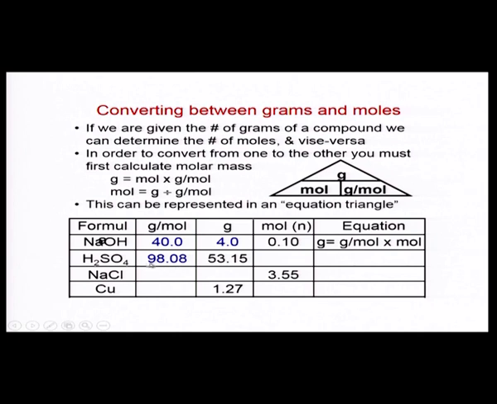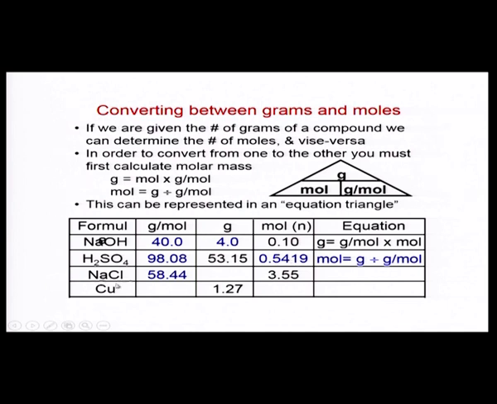Similarly, we know sulfuric acid's molecular weight is 98.08, and suppose we take 53.15 gram of sulfuric acid by weight, we can calculate the concentration, and this will be equivalent to 0.5419 mole of sulfuric acid.